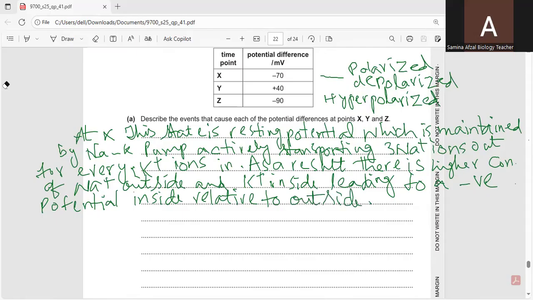And the second point is plus 40, which means this is the peak of the action potential. The membrane is fully depolarized. This is the first.